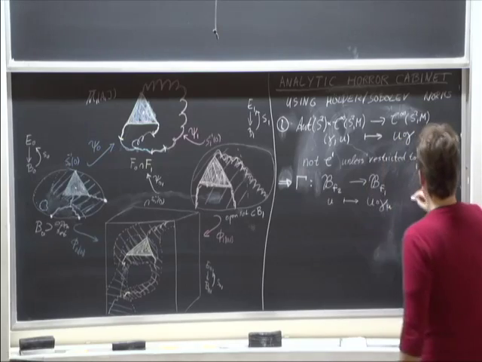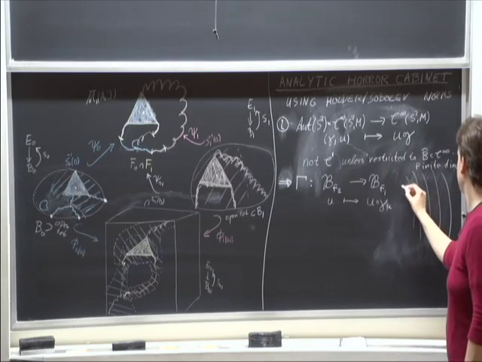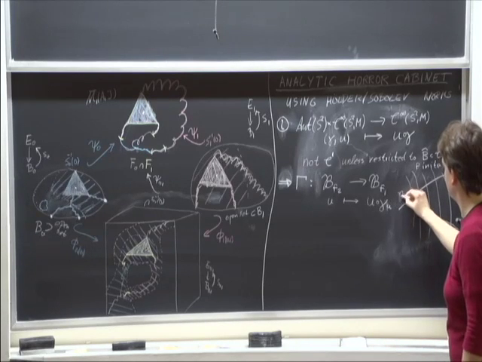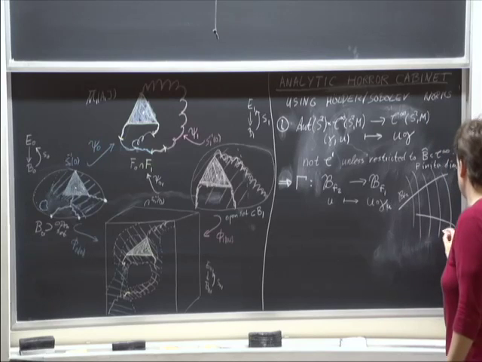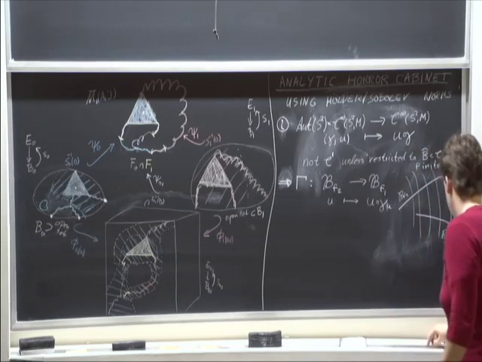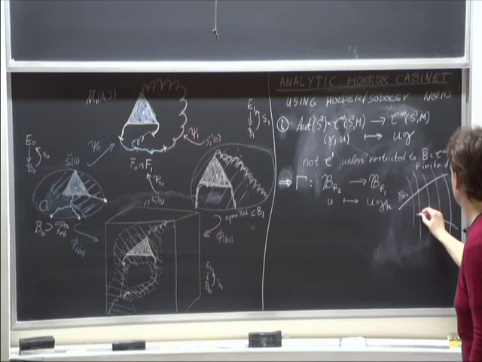So the picture here is, if these are your orbits, there's one slice and another slice. So you want to map from here to here.